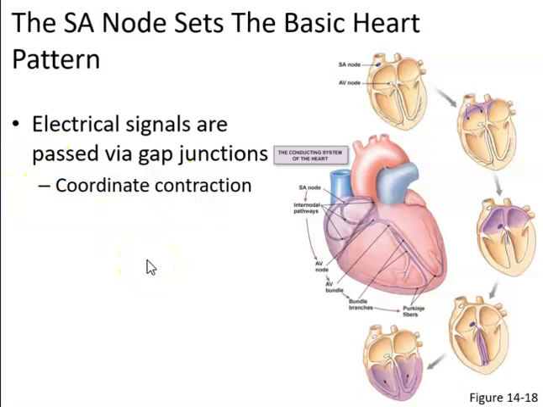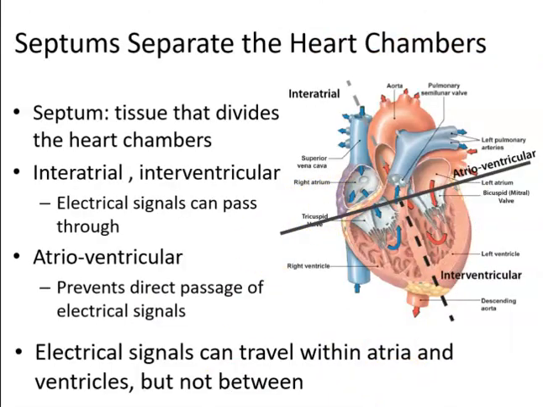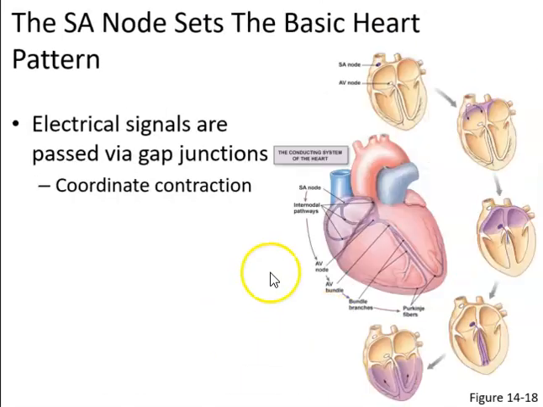So again, a wave of depolarization starts from the atria, starting with the SA node. And then the signal will travel, after it has dispersed out throughout the atria, to the atrioventricular node. It's important that the signal stops at the atrioventricular node because we want coordinated contraction within the ventricles.